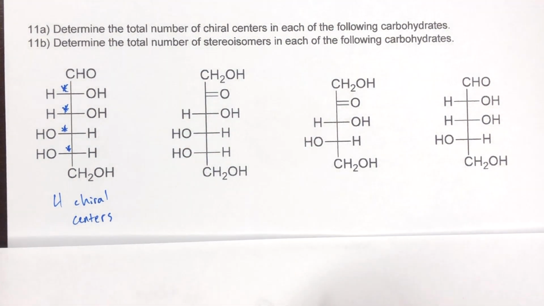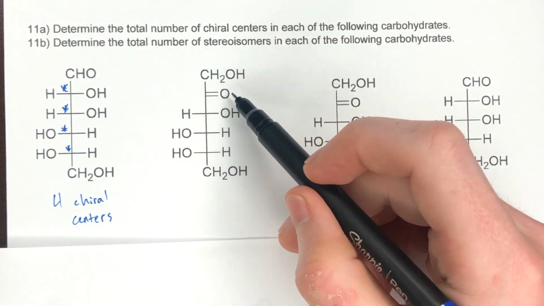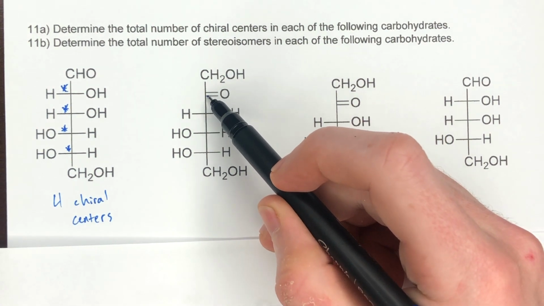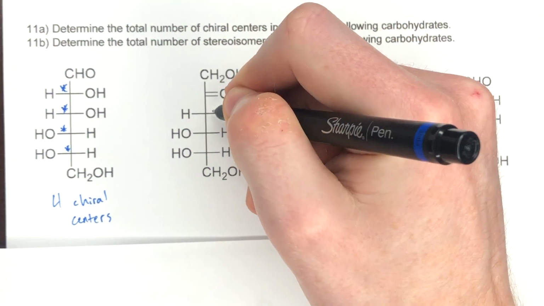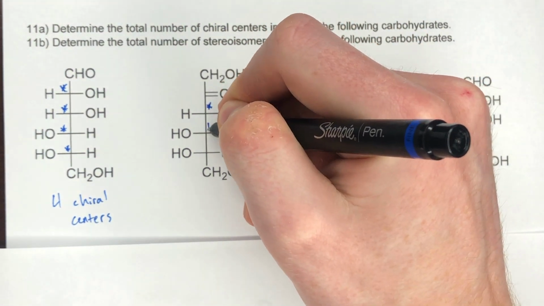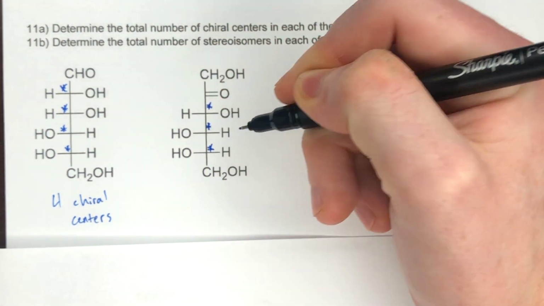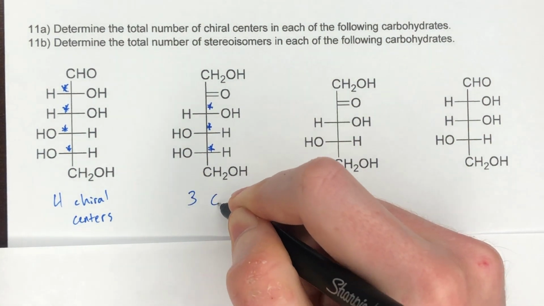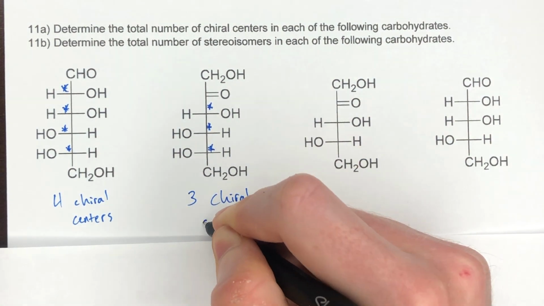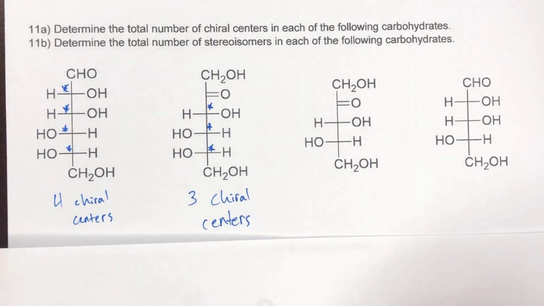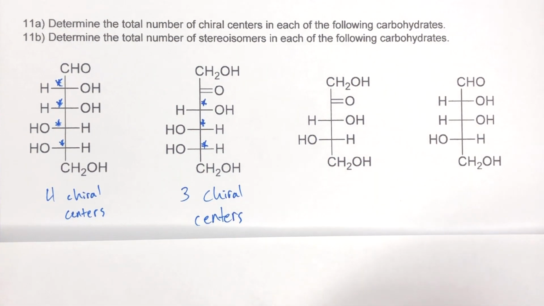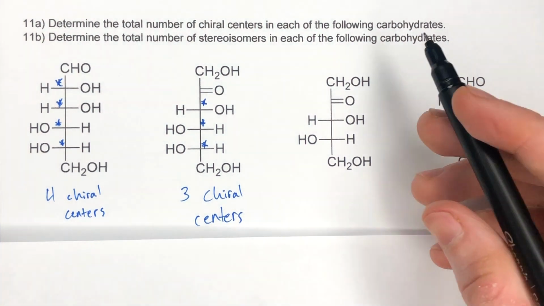Then if we move to carbon 2, now the ketone here prevents this from being a chiral center. Here we have 2 hydrogens, and at the bottom we have 2 hydrogens. So our chiral centers are only these 3 in the middle. So notice that the ketose, by definition, will have fewer chiral centers than the aldose because of the nature of the functional group, ketone versus aldehyde.